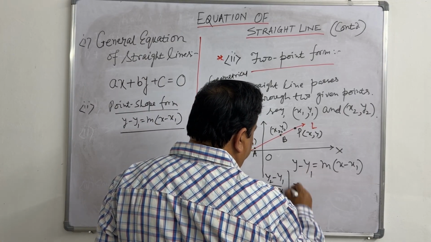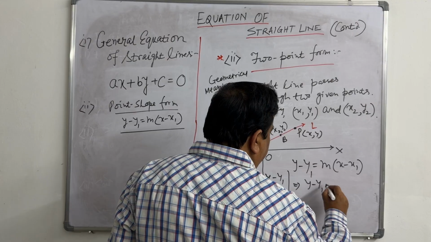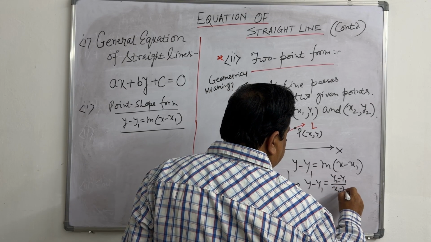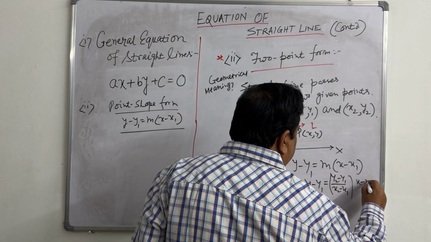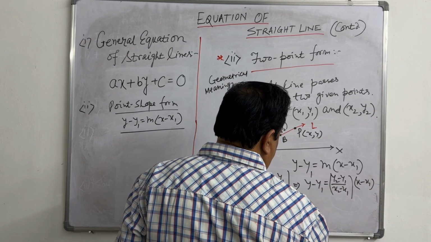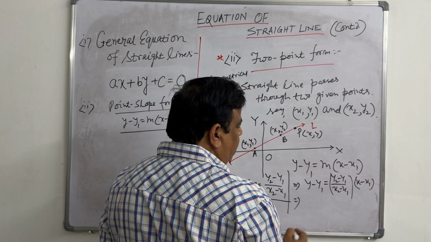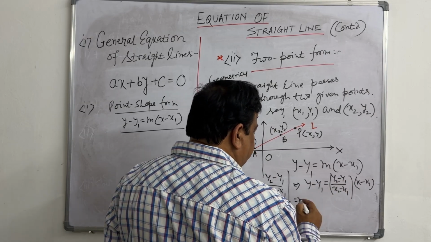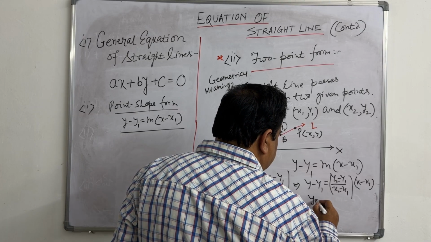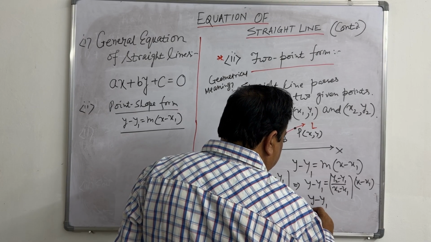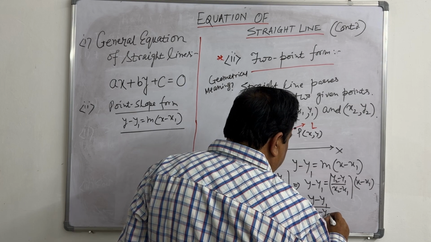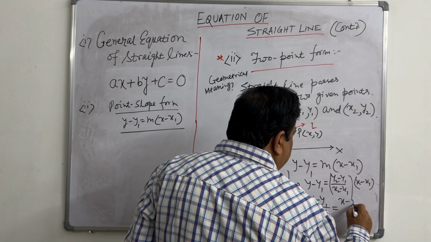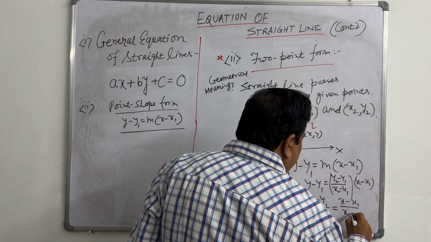So you can say y minus y1 is equal to (y2 minus y1) by (x2 minus x1) into (x minus x1). Okay. So if you divide this equation by y2 minus y1, then on the left hand side you will get (y minus y1) by (y2 minus y1), and on the right hand side you will get (x minus x1) by (x2 minus x1).